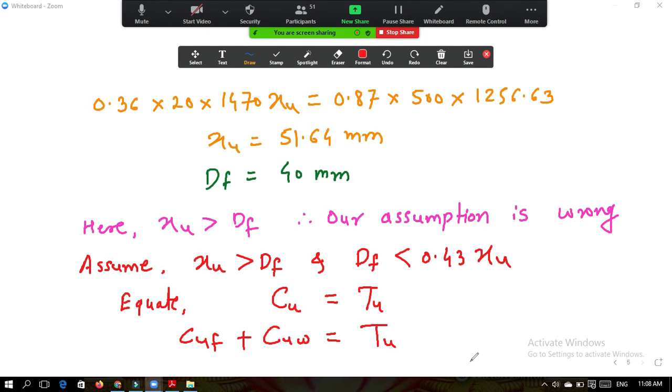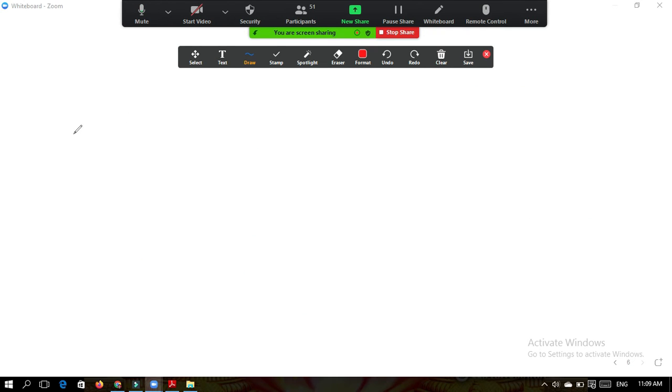So put the formula for Cuf, put the formula for Cuw, then T formula, and calculate the value of Xu again. So here the formula for Cuf is 0.446 fck bf minus bw into Df.